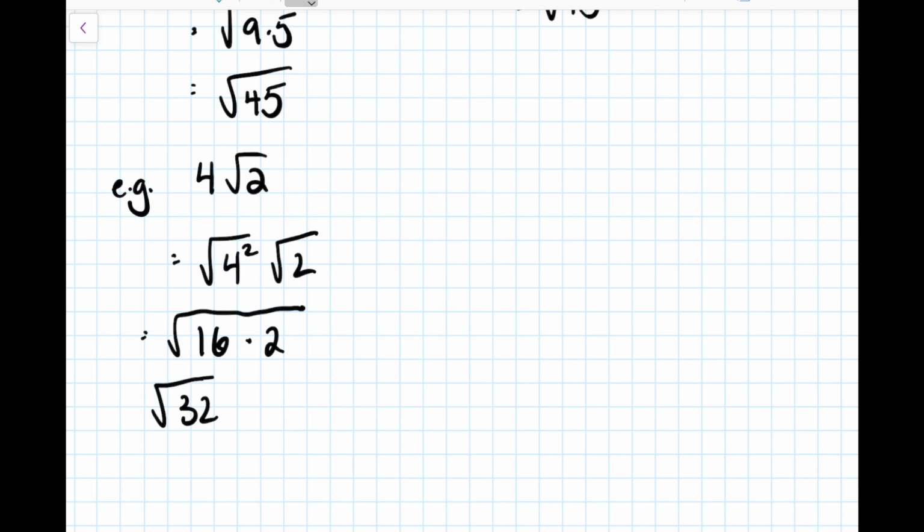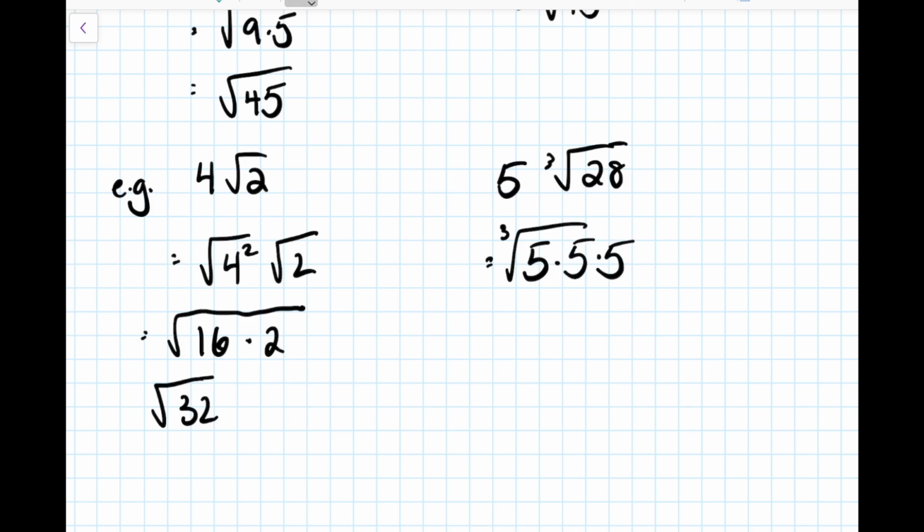You might be asking yourself what happens if it's not a square root, and that is a pretty easy thing to handle. So if we had, say, 5 cube root of 28. If I want to move that 5 into a cube root now, remember we need to have a group of 3 5s. And then we still have that cube root 28. Well, 3 5s, if we simplify that a little bit, becomes 5 cubed inside of a cube root.